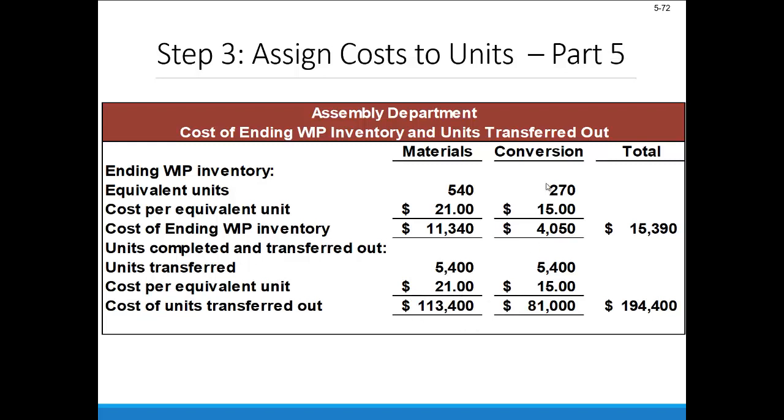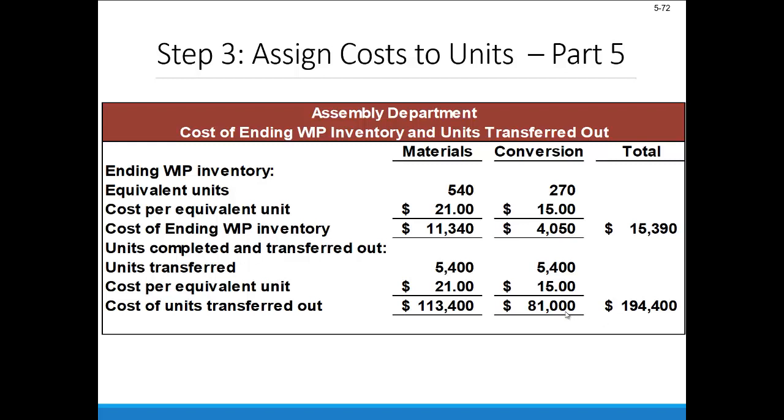Over here, with respect to conversion, 5,400 units transferred times the $15 cost per equivalent unit for a total of $81,000. If I add those two dollar amounts up, the total cost of units transferred would be $194,400.